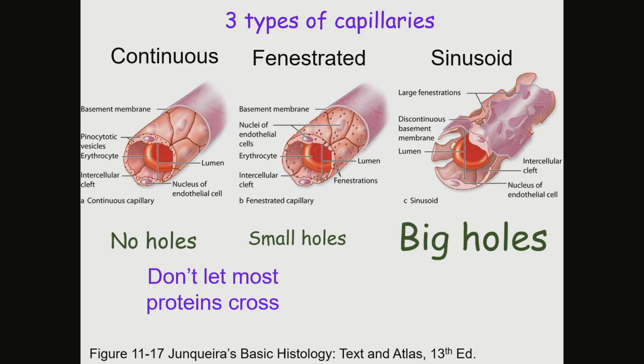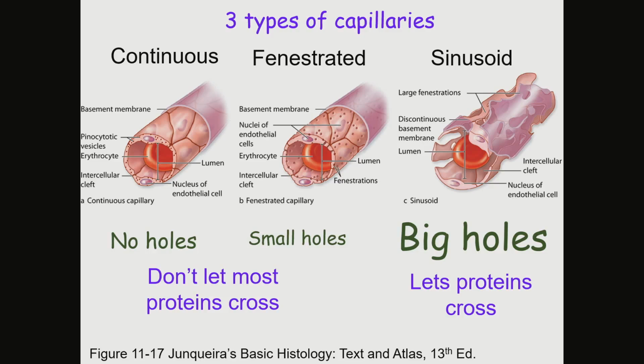When we're talking about the first two, continuous and fenestrated with the little holes, proteins typically can't get across. Most proteins are too big to go through that intercellular cleft, and proteins do not dissolve in the phospholipid bilayer. If you have big holes, however, that'll let proteins across.